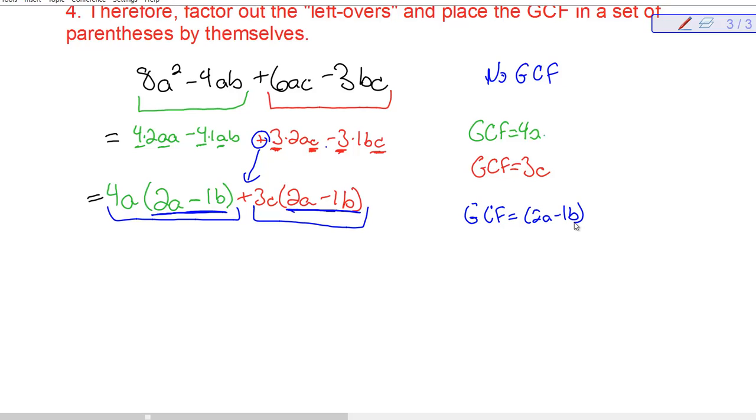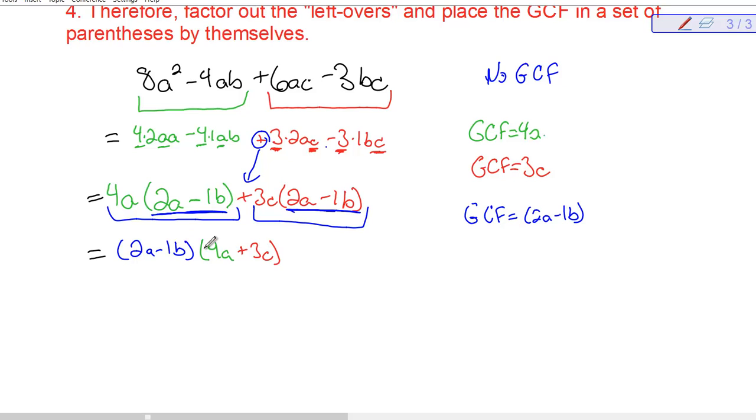And so I'm going to factor that out as 2a minus 1b, and then I'm going to put my leftovers, which is a 4a plus 3c, in the second set of parentheses.